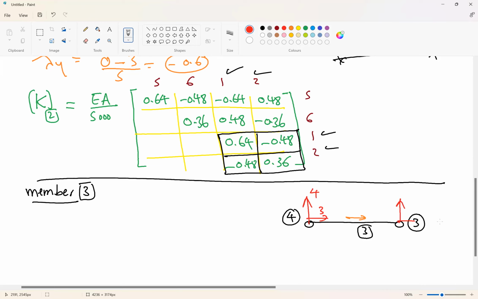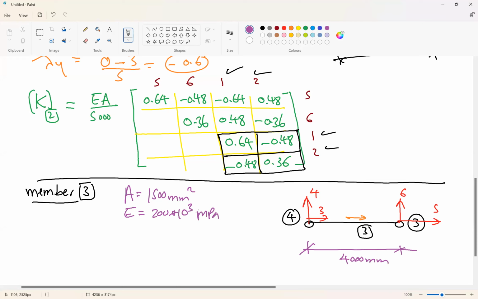This is the displacement at node 3, which is 5 and 6. The length of this member is 4,000 millimeter. So A is 1500 again. E is 200 times 10 to the power 3 megapascal, and lambda x, lambda y. Lambda x will be, this node is 8 and 0. This node is 4 and 0.